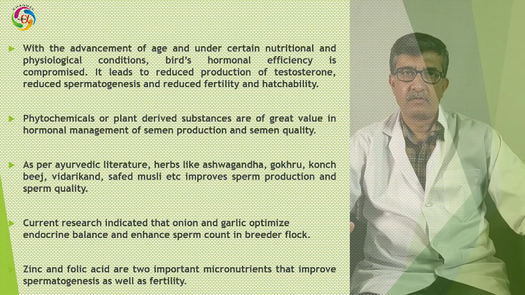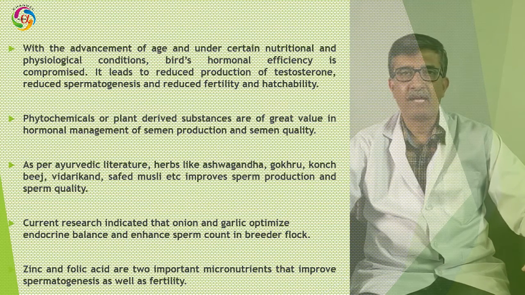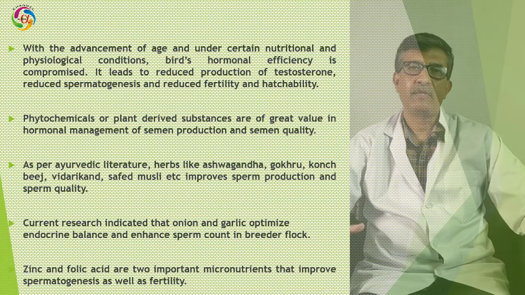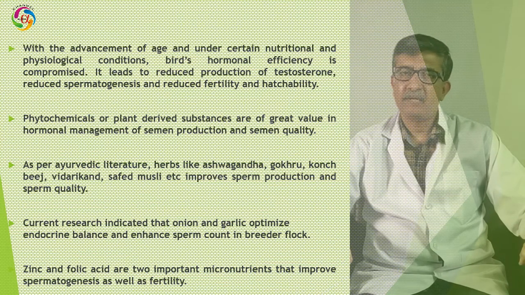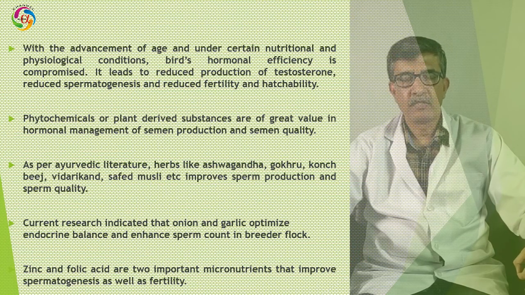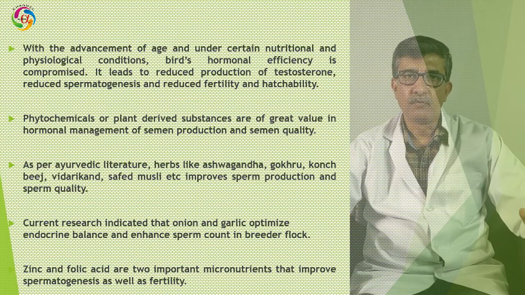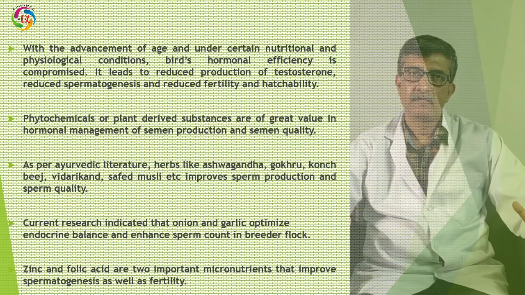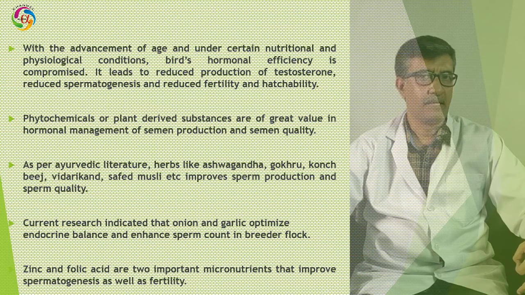Now, phytochemicals or plant-derived substances are of great value in maintaining the hormonal balance, testosterone level and sperm count in male breeder birds. As per Ayurvedic literature, herbs like ashwagandha, conch beej, bidarikand, gokhru, safed musli and so on improve the hormonal balance and also improve sperm production in male animals and birds.